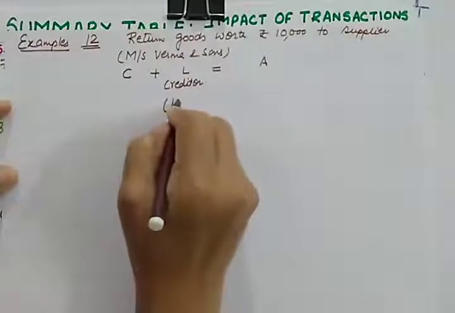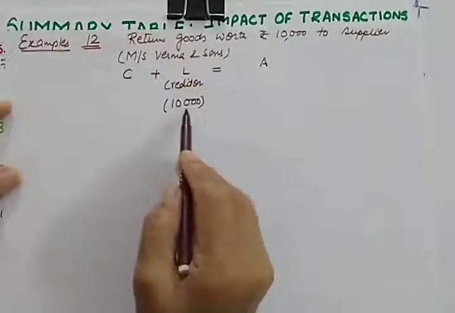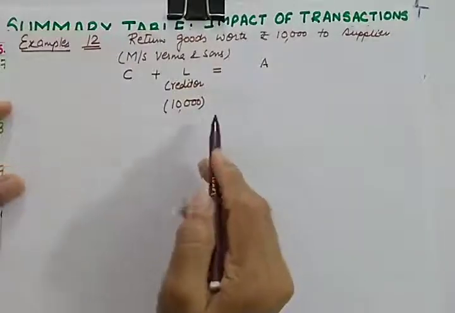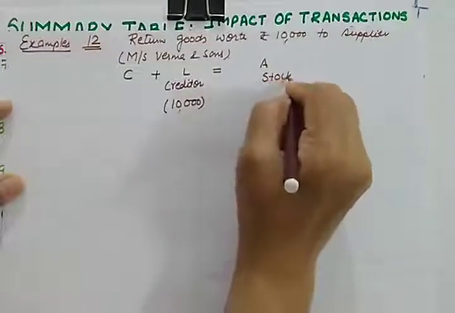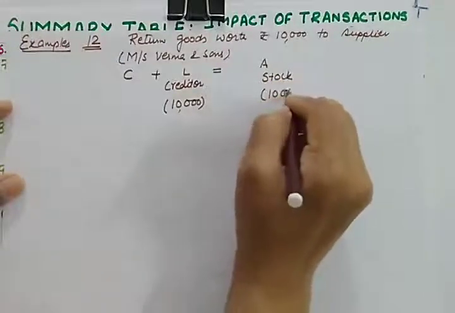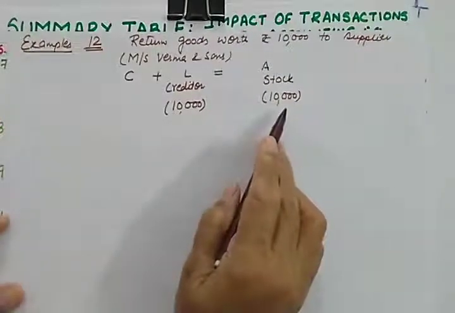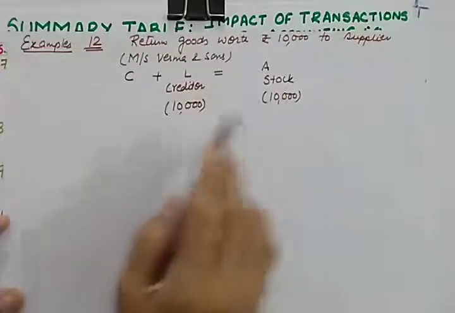Creditor will reduce by 10,000 because now he cannot claim the money, because we are returning the goods. We are rejecting the goods and returning the goods, and moreover our stock will also reduce by the goods returned by us. So I hope this transaction is also clear to you.